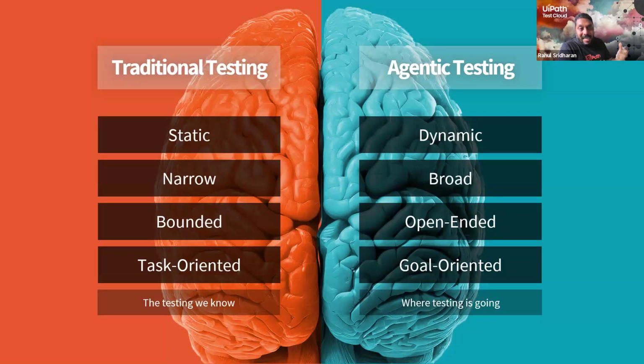Traditionally, if you looked at testing, the only automation that you could do was taking a bunch of test cases and automating them, right? That's as far as automation testing went, right?